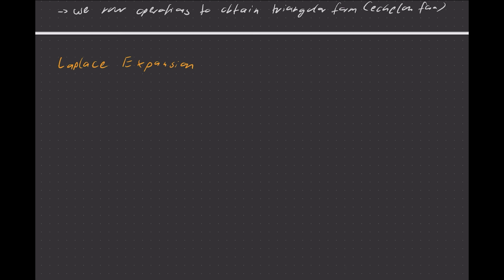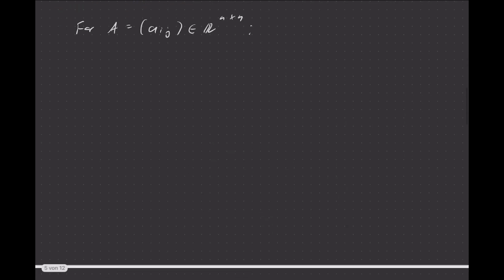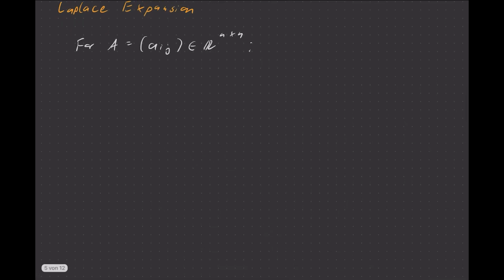So how does this work then? If we have a matrix A equals (a_ij), an n by n matrix, then there are two possibilities. We can either use a row or a column to perform the Laplace expansion. I'll list both formulas for your convenience here. So let's say we want to do expansion with respect to the ith row.